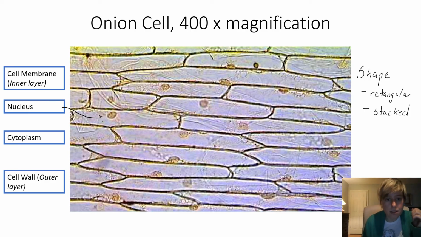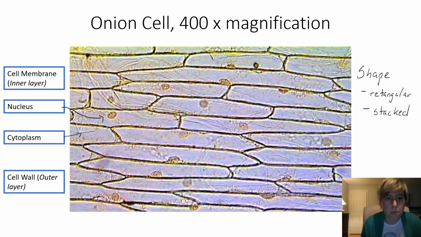Our cytoplasm is going to be that seemingly empty space, but again, it is not empty space because it's our transparent gel-like structure that's holding all of our organelles in place. And now our cell membrane and cell wall are like our double layer on our cell.